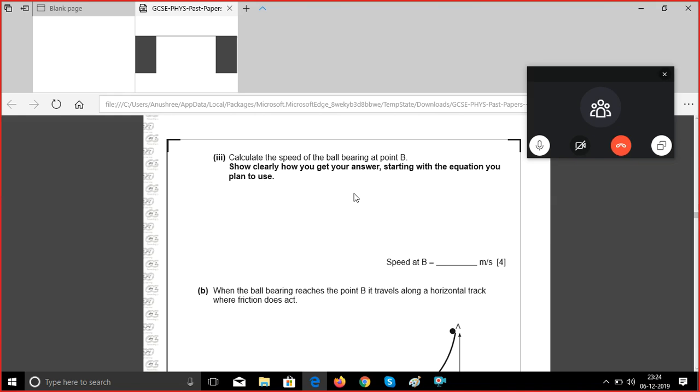So the speed at B was 6 meters per second.